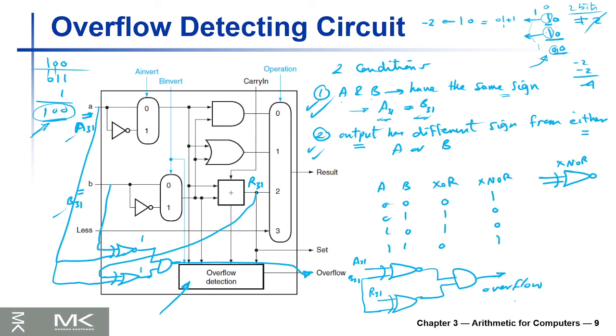This output overflow will be 1 if you have two ones here. That means A and B have the same most significant bit, the same sign, and the result has a different sign from the two inputs, either A or B.